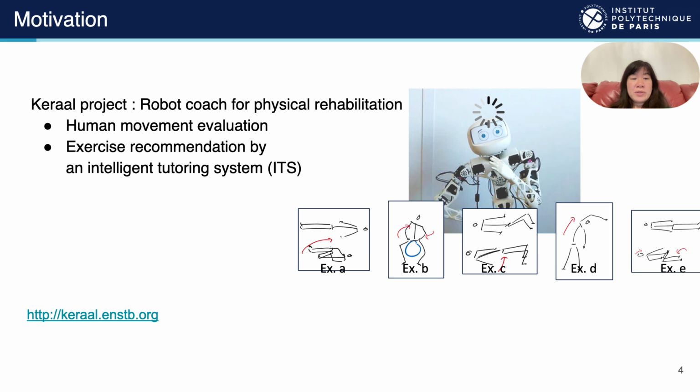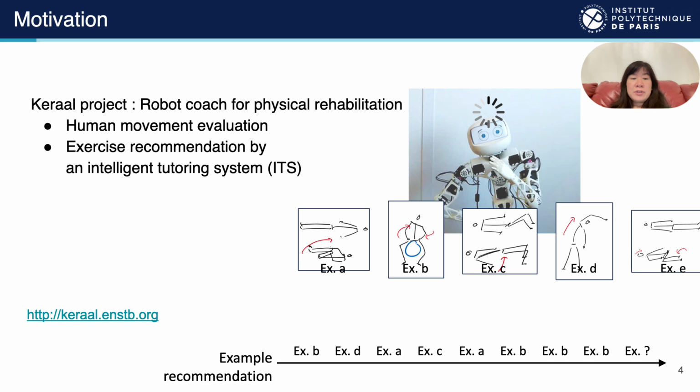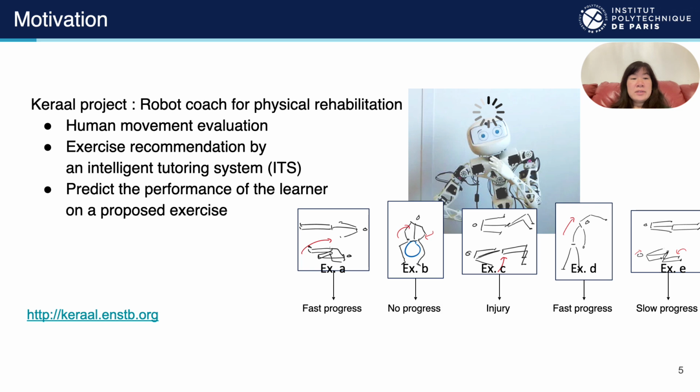To be able to do that, it will need to use data from example recommendations that proposed exercises in a certain order through time, like here, exercise B, then D, A, C, etc. And what it needs to do is to be able to predict, given the order of exercises it proposed, what is going to be the performance of the learner on a proposed exercise.